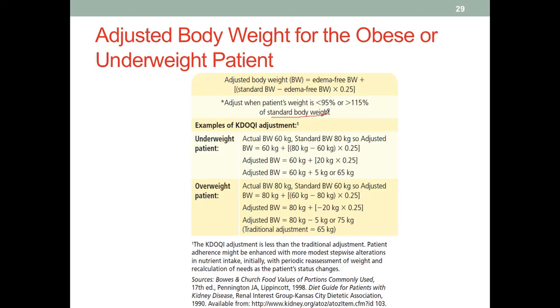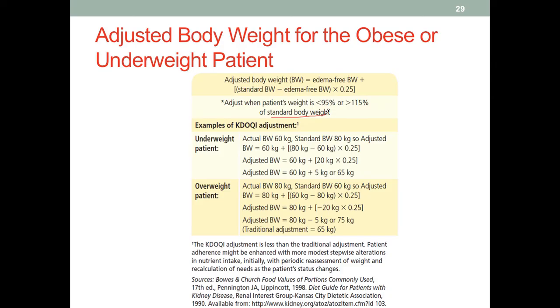So remember, the overwhelming concern for CKD patients is malnutrition, not overnutrition. So they may be overnourished to begin with. That's why they go down the path. They get the obesity, type 2 diabetes, and renal failure. But once they reach CKD, at that stage, their concern is going to be malnutrition.